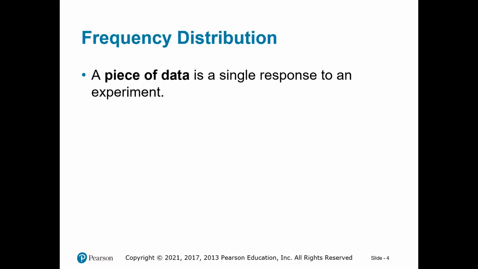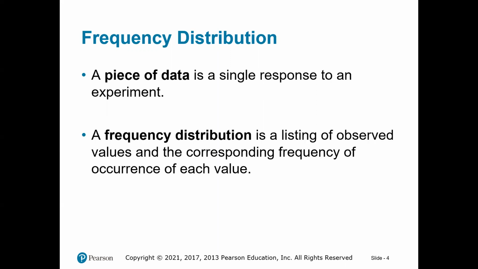A piece of data is a single response to an experiment. It could be, for example, the age of an employee, the salary of a person, or the income of a family, anything, as long as you are dealing with a single response. A frequency distribution, however, is a list of the observed values of what you collected.